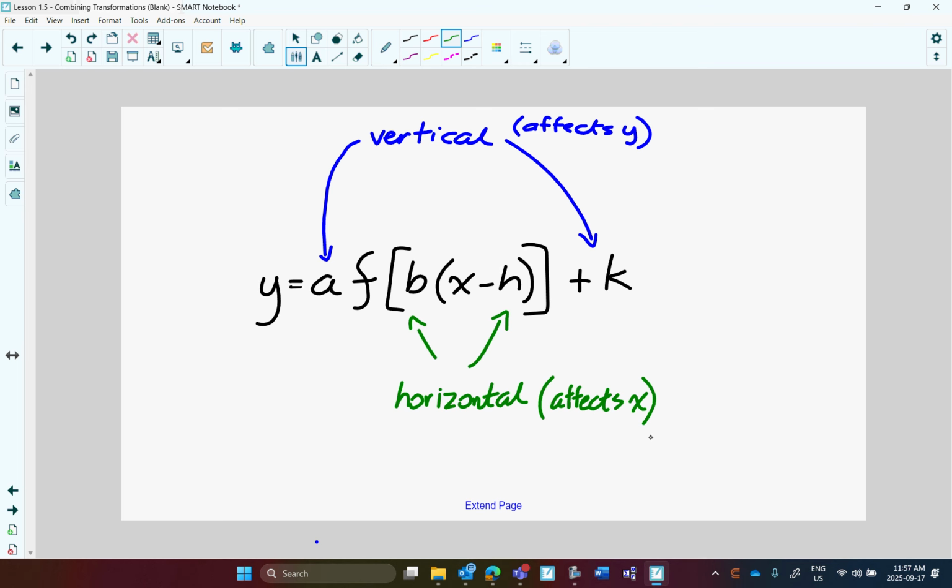If there's a number in front of the x in parentheses, stretch, horizontal. If there's a number being added or subtracted to the x, shift, horizontal. So everything inside is horizontal, everything on the outside is vertical. Okay? Just keep that in mind.